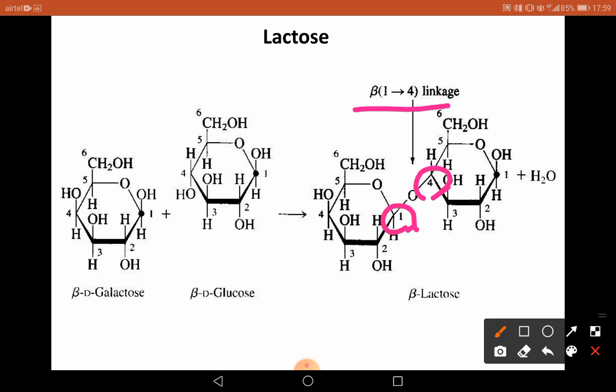So this is the glycosidic bond formed between galactose and glucose, because here it is beta D glucose, it is not alpha, so hence we have a beta 1,4 glycosidic linkage. Lactose, which is a milk sugar present in milk, is a disaccharide. It is formed by the condensation of the two monomers beta D galactose and beta D glucose.